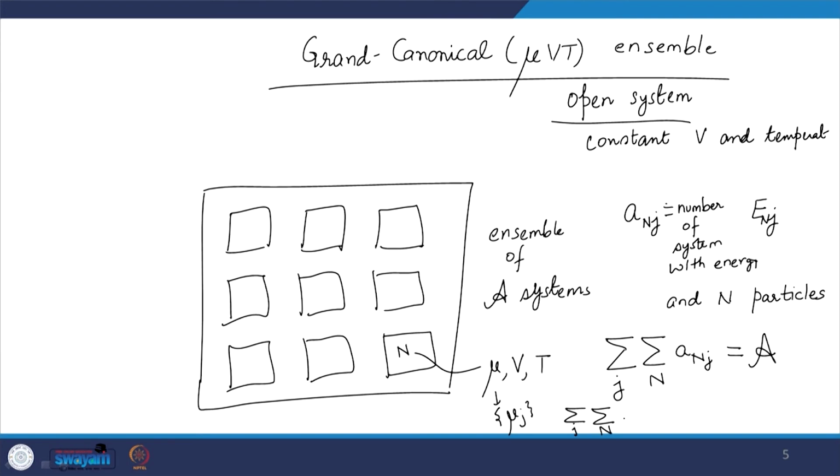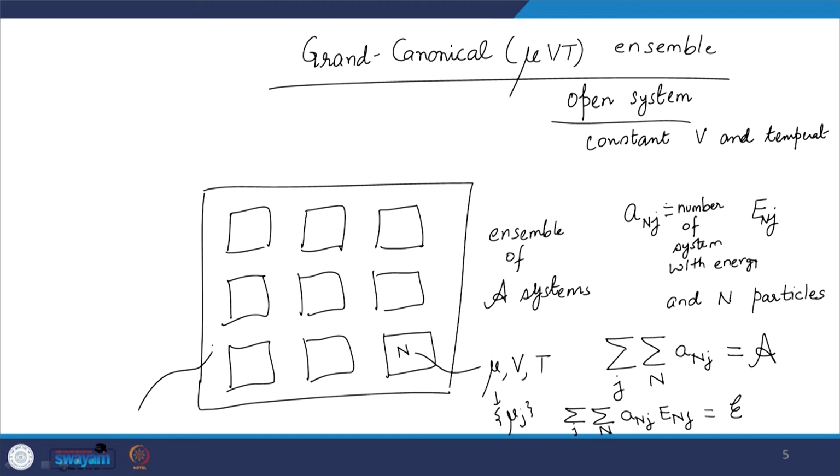We can sum over all the energy levels and all the number of molecules, and the occupation number multiplied with the energy of a system containing N particles, and that is the jth energy level of that. So, this is equal to again some constant E.